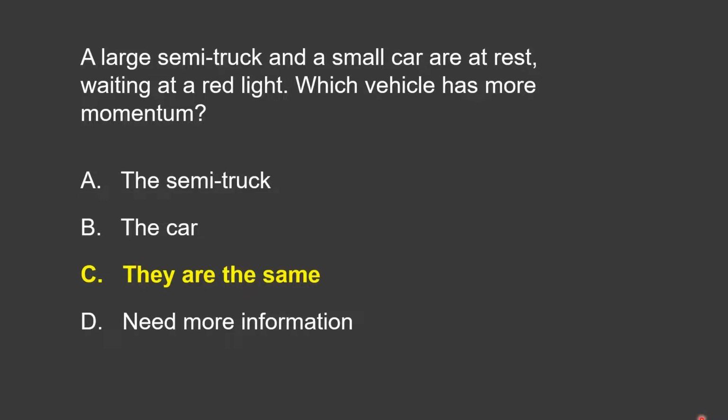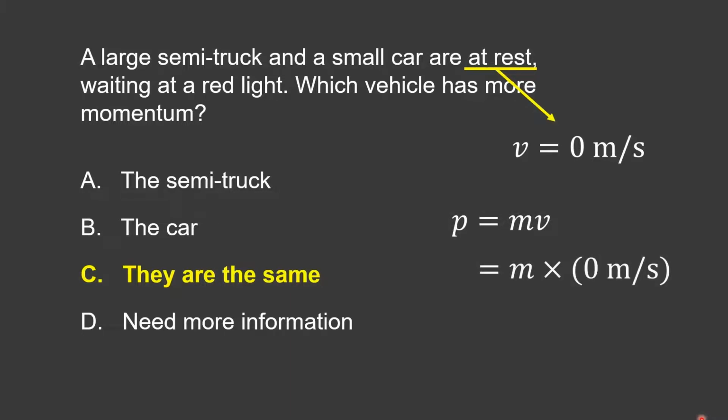First of all, at rest means you have a speed and velocity of 0. Momentum is mass times velocity. So if we have mass times 0 velocity, that means we have 0 momentum. Notice that it doesn't matter how much mass you have if you're not going anywhere. If you're at rest, you don't have any momentum.